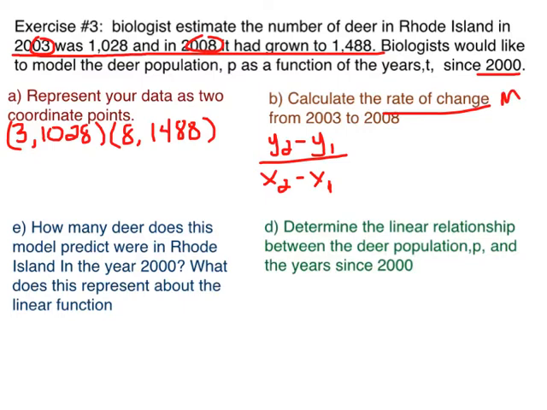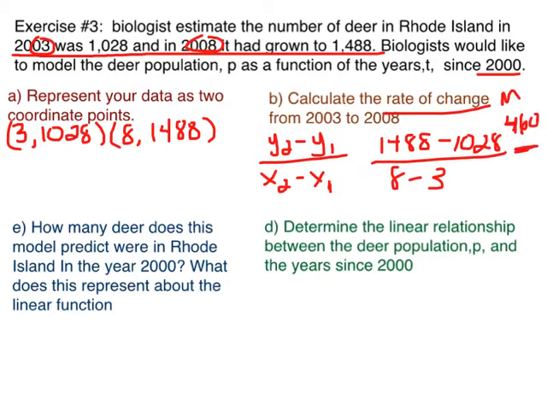My y2 is 1,488 minus 1,028 over 8 minus 3. That's going to give me 460 over 5, which is going to give me 92 deer per year.